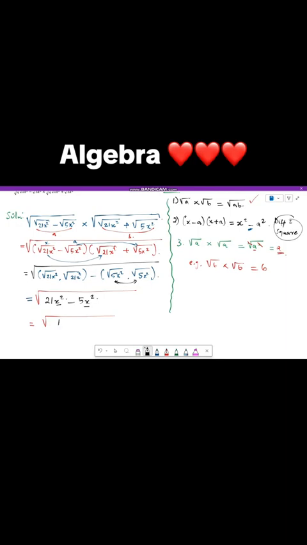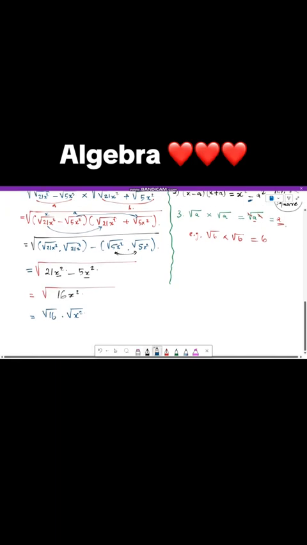So this will be 16x squared. From there I can reverse this, because I have the square root of 16x squared, so I can write this as the square root of 16 multiplied by the square root of x squared.